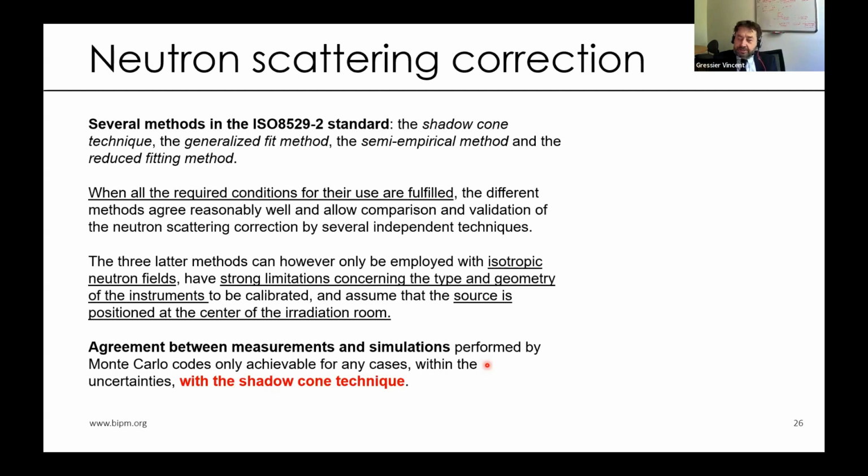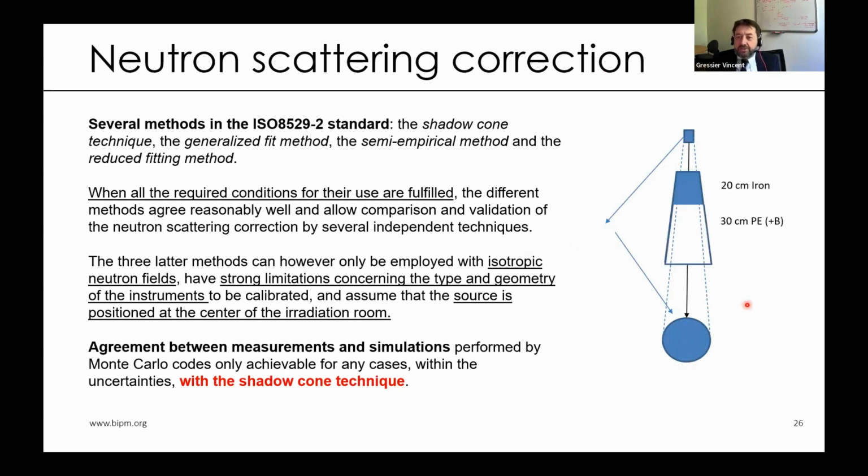And I will take a little time because my personal preference is really that we use and generalize this shadow cone technique. So the shadow cone technique is easy to understand. You have a source, you have a detector, you have direct neutrons, or you have scattered neutrons. And between the source and the detector, there is, let's say, a cone.